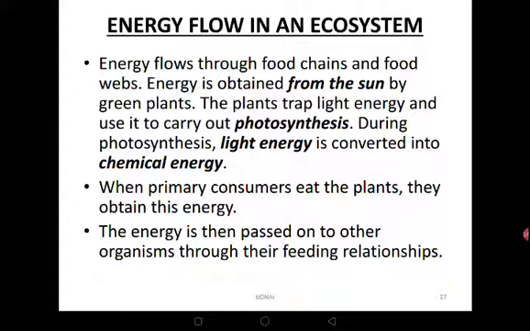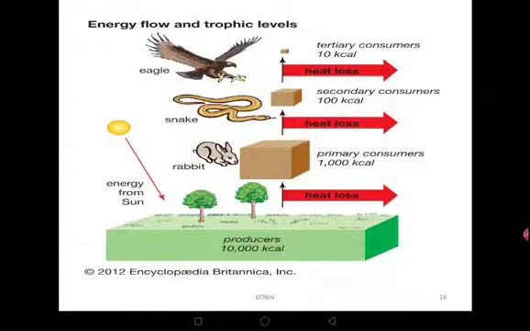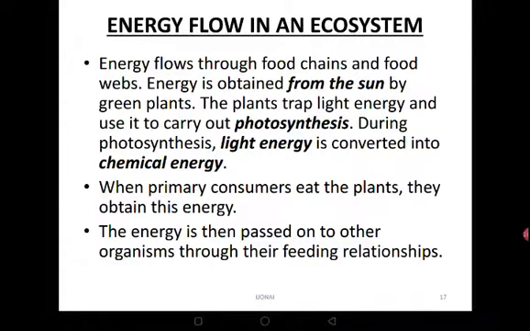And then the energy is passed to other organisms through their feeding relationships. As we saw earlier, the green plants fix energy from the sun, and then the other feeders get that energy and pass it to others like that until we reach the top of the food chain.